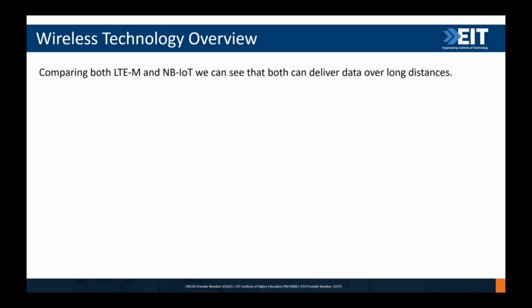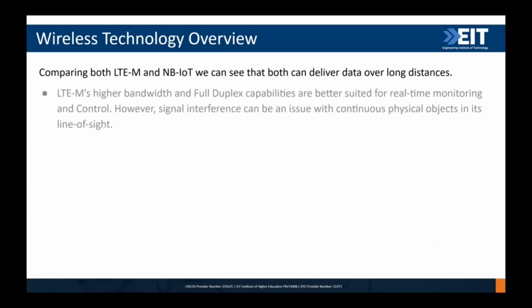Comparing both LTE-M and NB-IoT, we can see that LTE-M offers a higher bandwidth and full duplex capabilities. However, if there's much interference or much physical aspects blocking the line of sight, it can be difficult for the data to reach from source to its desired receiver.